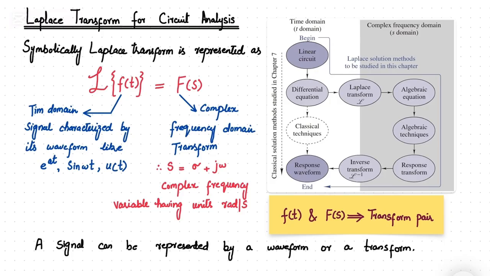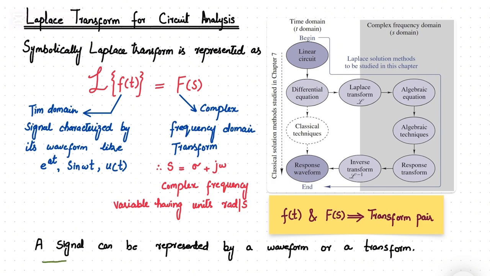So the difference between the phasor domain and the Laplace domain is that in the case of the phasor domain, our input signal was only a sinusoid signal. Only a sinusoid signal can be converted into the phasor domain. Here the input signal needs to be a time domain signal. It can be a sinusoid, an exponential function, a step function, or any other time domain function.